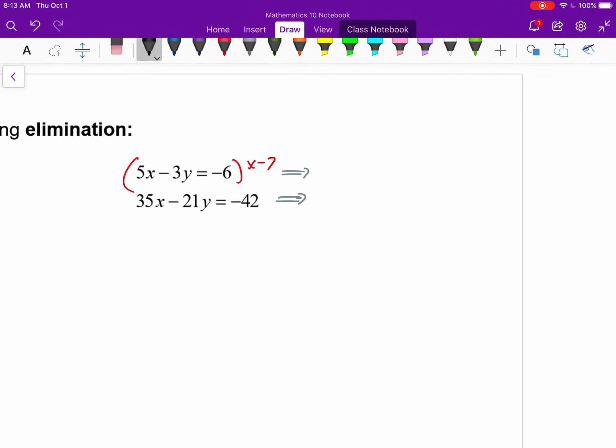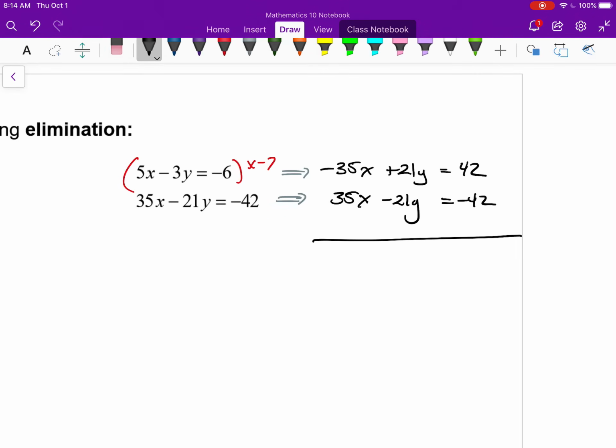If I multiply everything by negative 7 in my numerator, I get negative 35x plus 21y equals positive 42. My denominator, if I just leave it alone, I get positive 35x minus 21y equals negative 42. I did nothing. Combine these together. Well, these completely cancel out. These completely cancel out. And my constants cancel out.